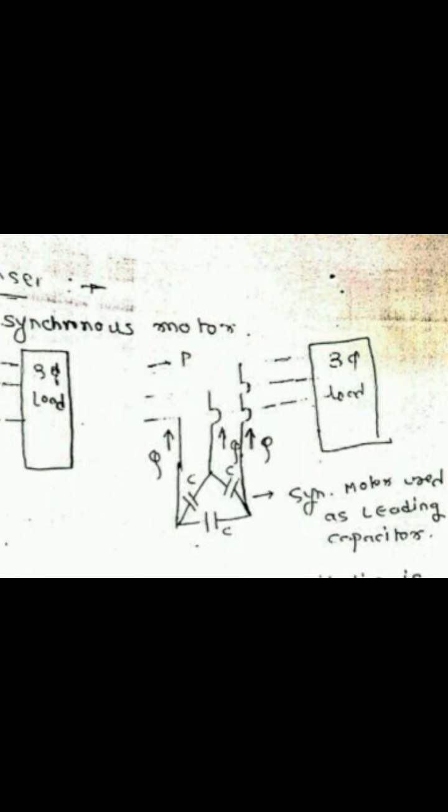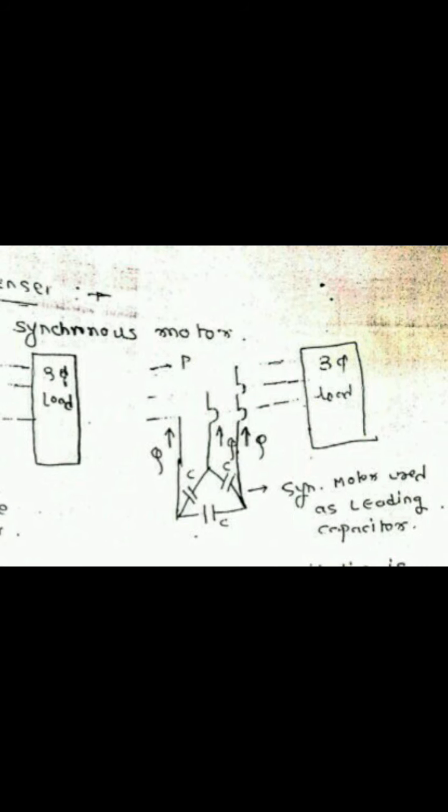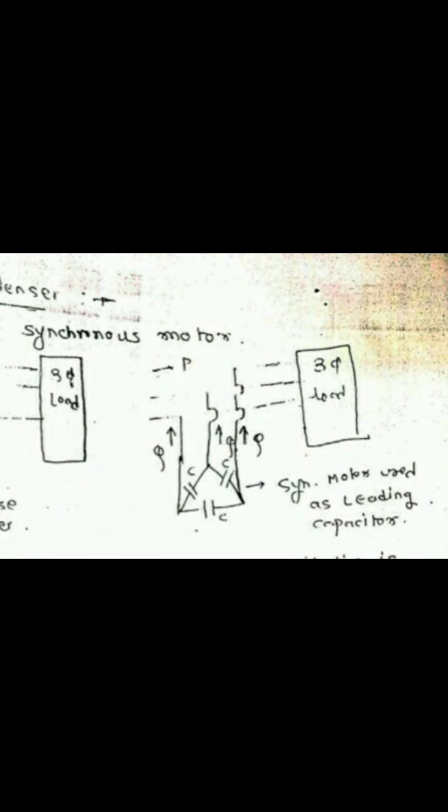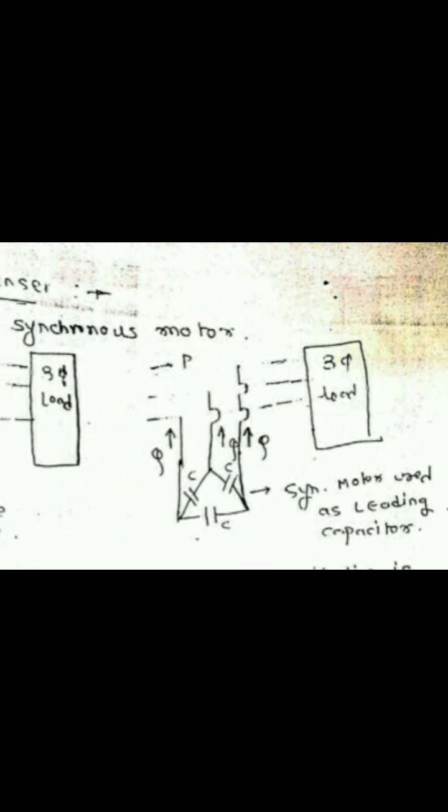As shown in the figure, P is the active power, Q is the reactive power, and here the delta connected C is basically a synchronous motor used as a synchronous condenser or synchronous capacitor, which supplies the capacitive, that is leading, power factor when the three-phase load has a lagging load. In that application, the synchronous motor is used as a leading capacitor for reactive power management.